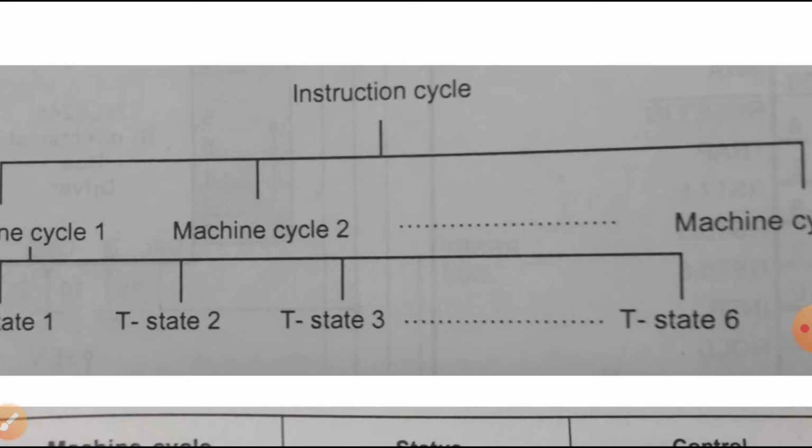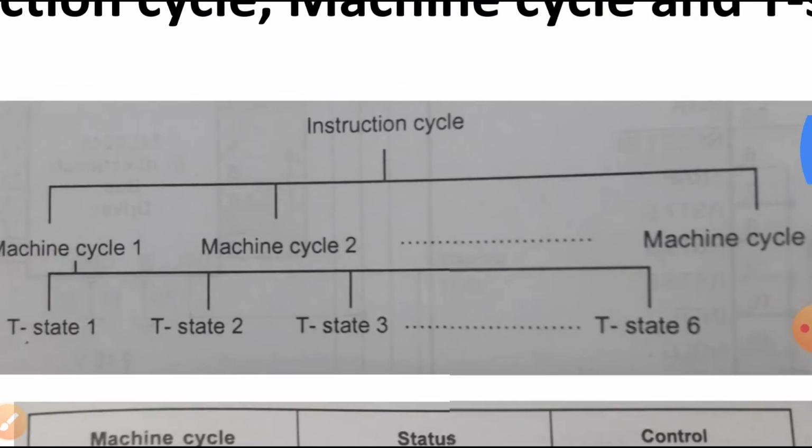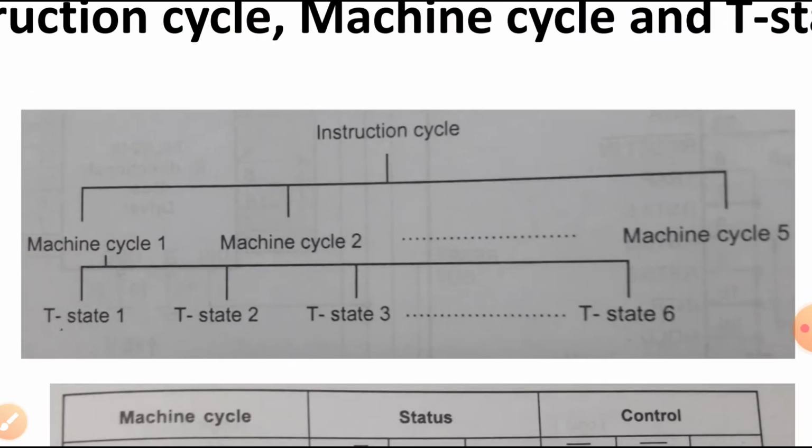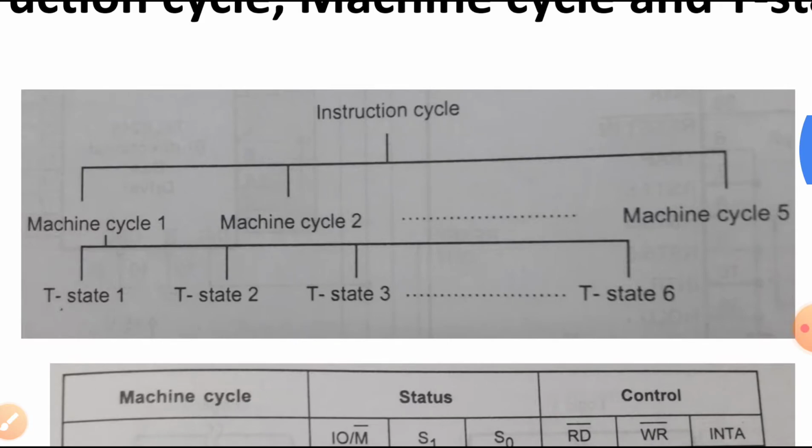Now, this instruction cycle consists of 1 to 5 machine cycles, or you can say 1 to 5 read or write operations which happen between the processor and the memory, or between the processor and the input output devices. Every memory or peripheral access requires a particular time period, and that is called a machine cycle.